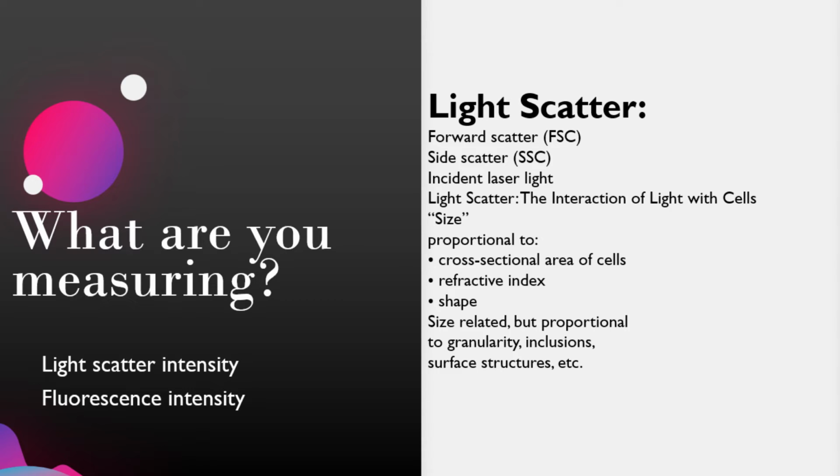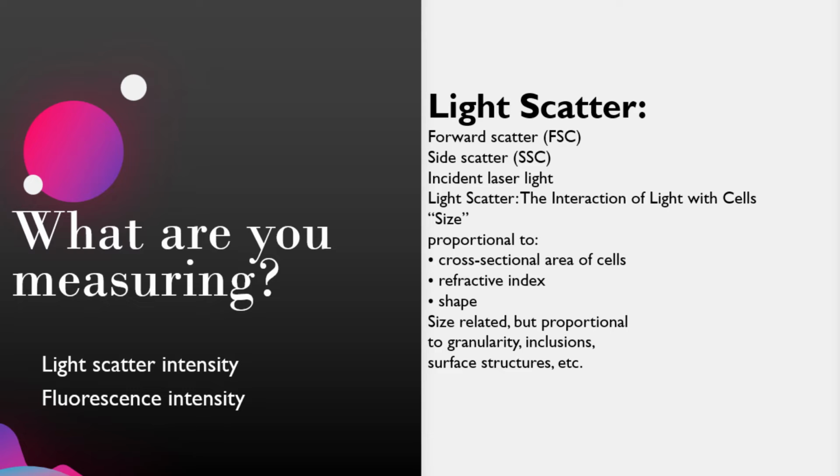What are we measuring? We are measuring two things. Number 1, fluorescent intensity, and number 2, light scatter intensity. In fluorescent intensity, light emitted by fluorescent dyes, for example 522 nanometer emission, means fluorescent intensity. It can measure the small amount of fluorescence emitted by the cells.